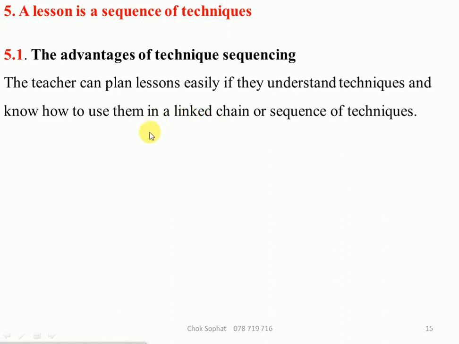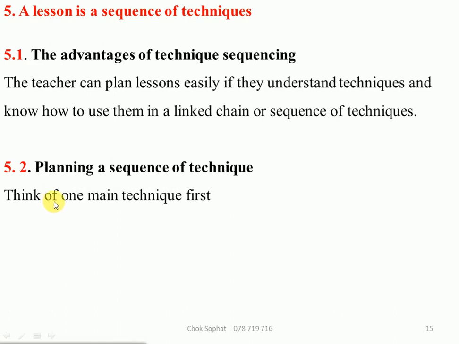So we can use the first technique as the basis for the second technique, and we use the second technique as the basis for the third technique, and so on. Planning a sequence of techniques: first, think of one main technique.